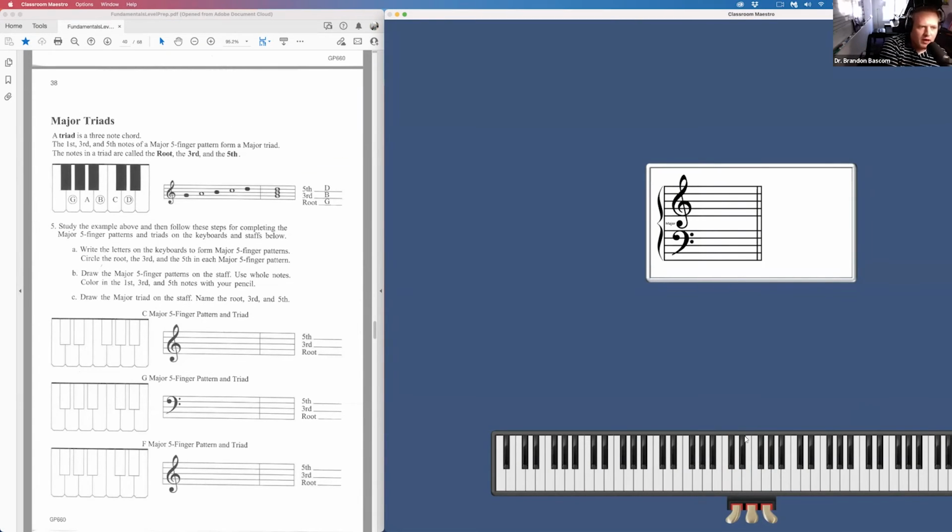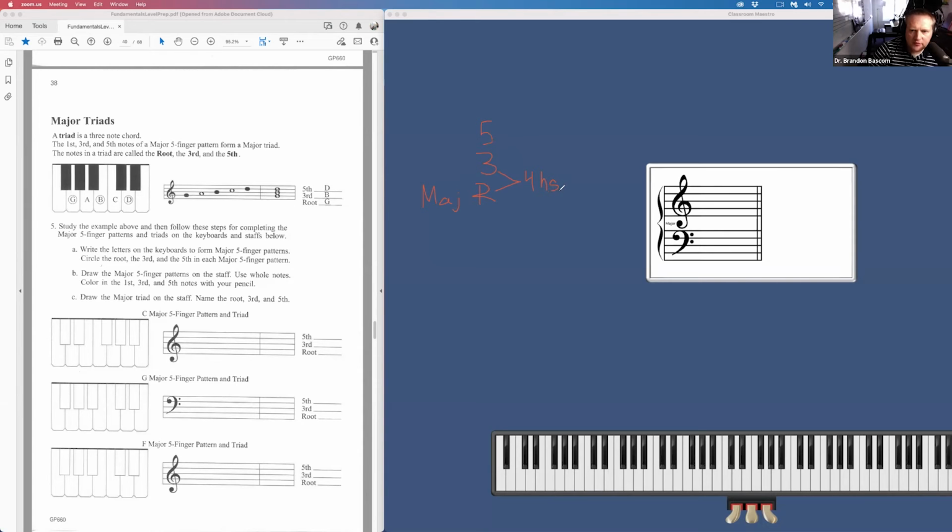Okay, another way I want to teach triads is how you can find a triad from a formula. So a major triad is made up of 3 notes, a root, a third, and a fifth. And in between the root and the third, there are 4 half steps.